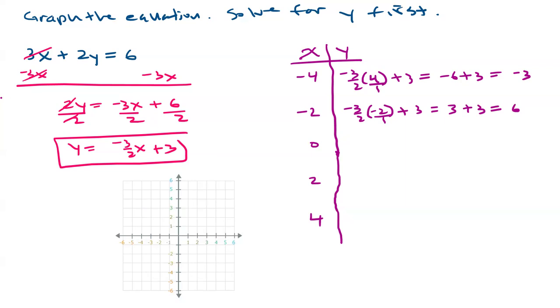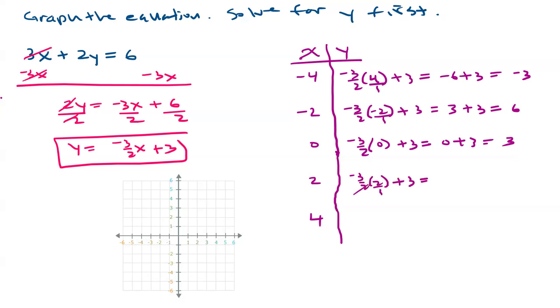Next one, I have -3/2 times 0 plus 3. Any number multiplied by 0 is going to give us 0. So 0 plus 3 will give me 3. Same thing for this one: -3/2 times 2 plus 3.